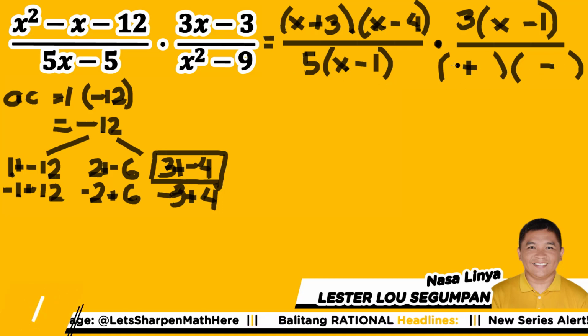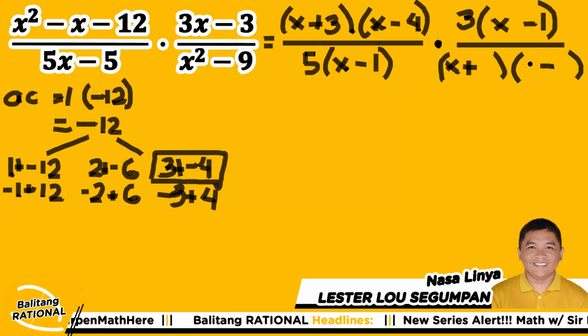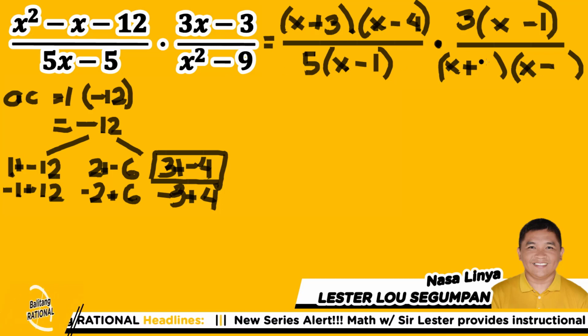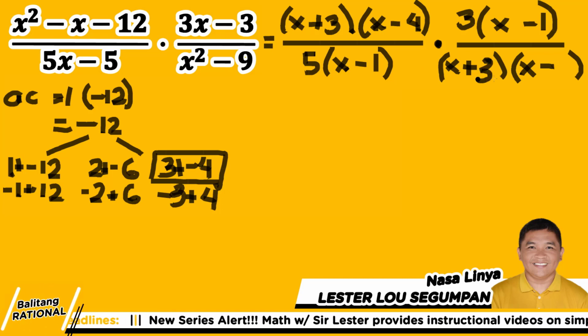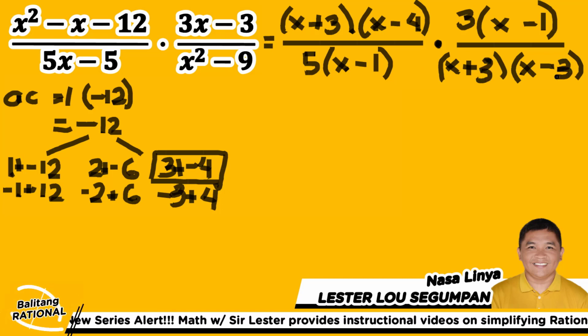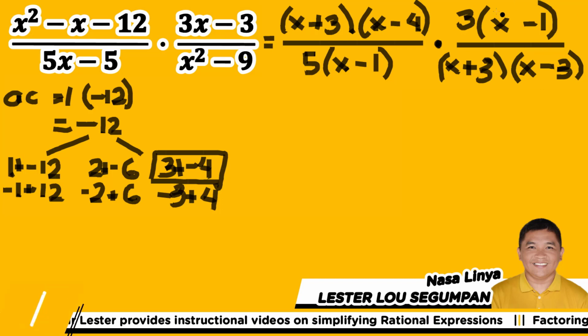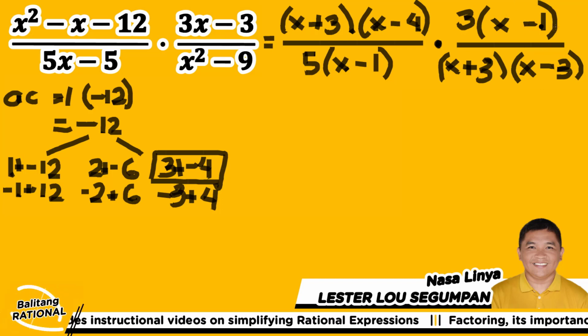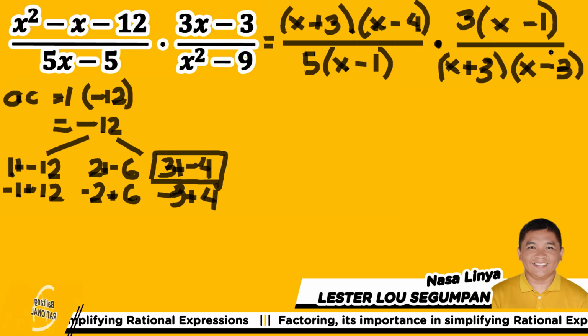Take the square root of x squared, you have x, at saka x dito. Then, we take the square root of the second term, 9, which is a 3, and we have 3 here as well. Looking at our second rational expression, we also don't have any other term or expression that can be cancelled out.